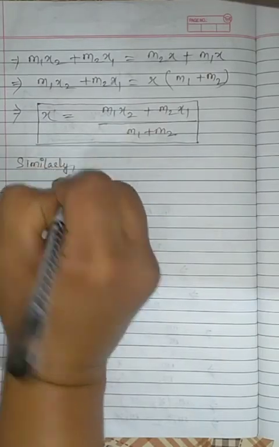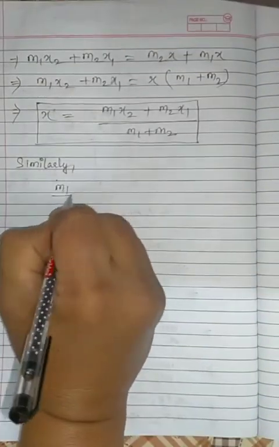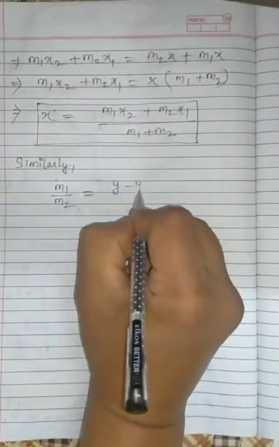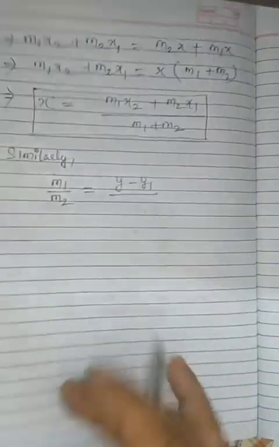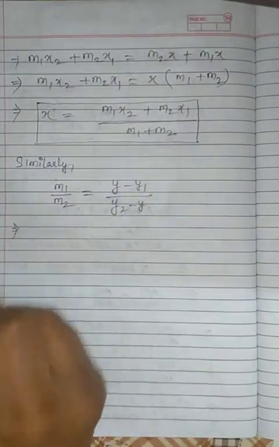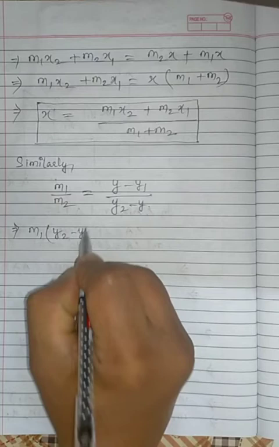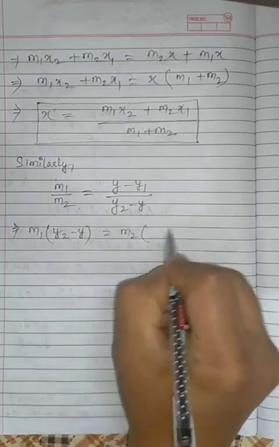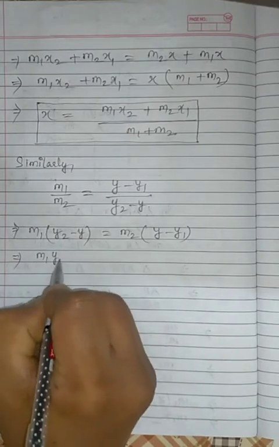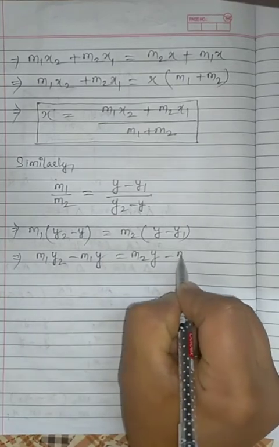Similarly, in the same way we can find out the coordinate of y. So this time we will take M1 upon M2 is equal to y minus y1 upon y2 minus y. So once again, on cross multiplying, M1 into y2 minus y is equal to M2 into y minus y1. So it is M1 y2 minus M1 y is equal to M2 y minus M2 y1.